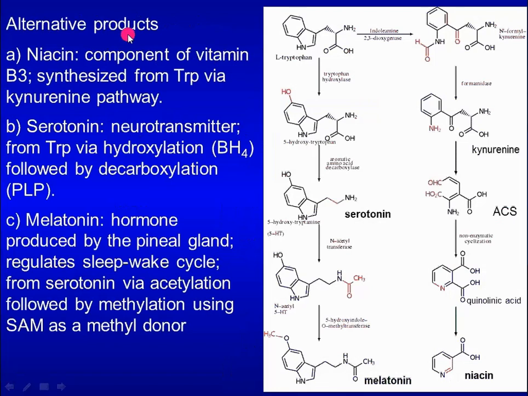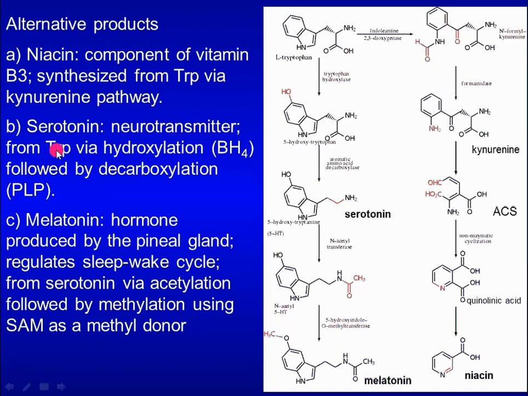Alternative products from tryptophan include niacin, serotonin, and melatonin. Niacin is a component of vitamin B3. It is synthesized from tryptophan through the kynurenine and ACS pathway. Serotonin is a neurotransmitter.